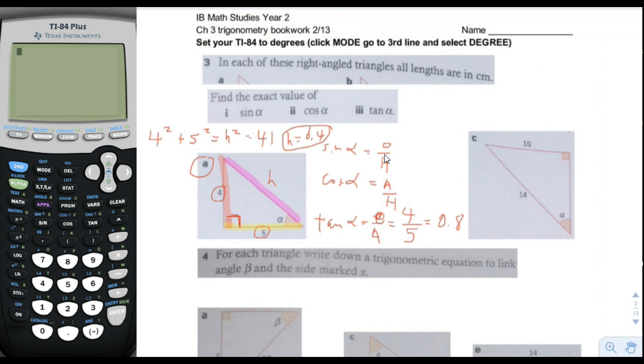Okay, so now we can use the length 6.4 for our hypotenuse. So the opposite is 4, the hypotenuse is 6.4, the adjacent is 5, the hypotenuse is 6.4. And so 4 divided by 6.4 is 0.625, and 5 divided by 6.4 is 0.781.